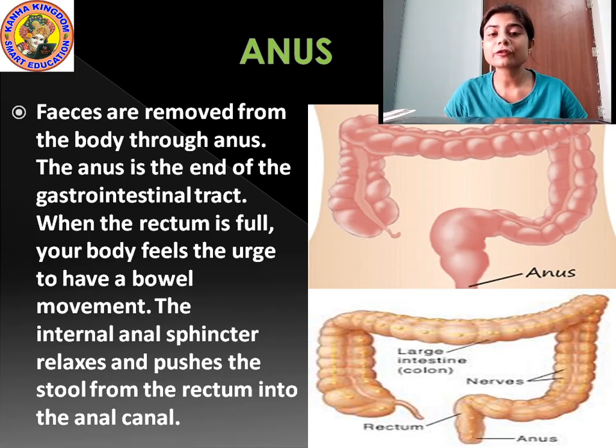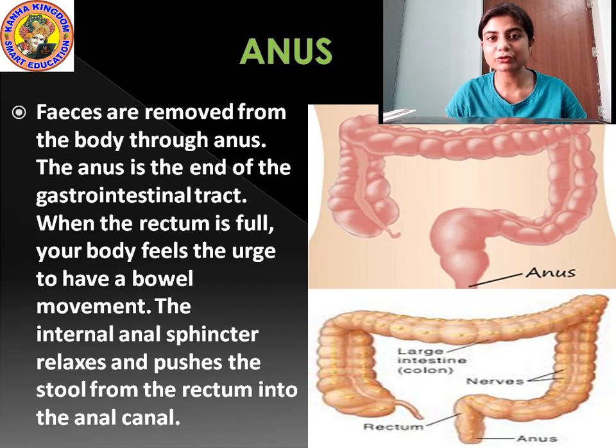Then the food from the stomach passes to the small intestine, where the nutrients of the food are absorbed by the blood, and the blood carries all the nutrients into our body from the small intestine.